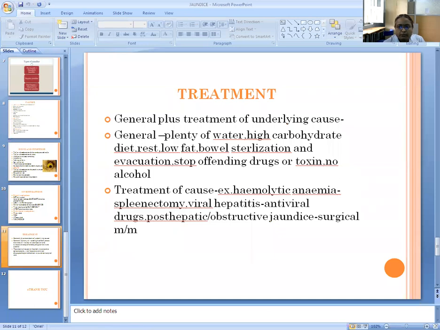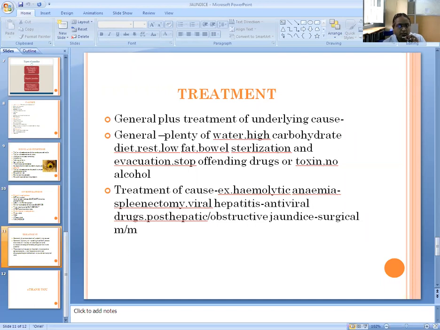Now the treatment of jaundice is nothing but treatment of the underlying cause. So you should diagnose the underlying cause. General treatment of jaundice: jaundice has no definitive treatment. So just advise plenty of water, high carbohydrate diet, low fat diet, bowel sterilization.